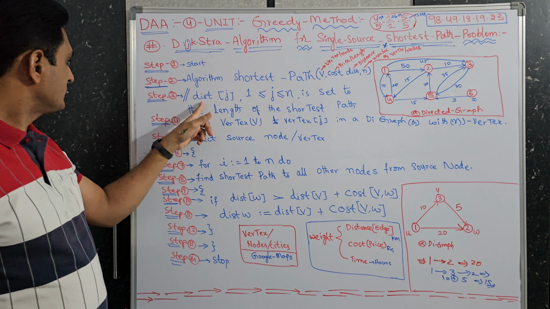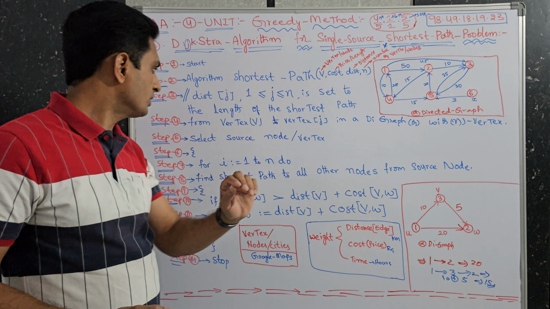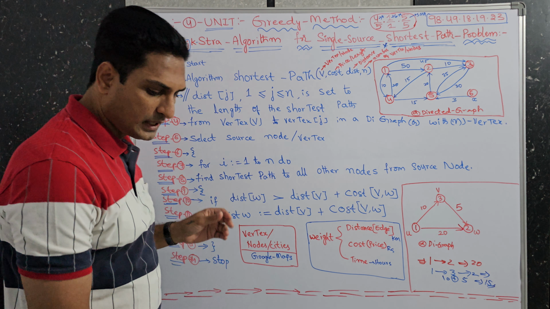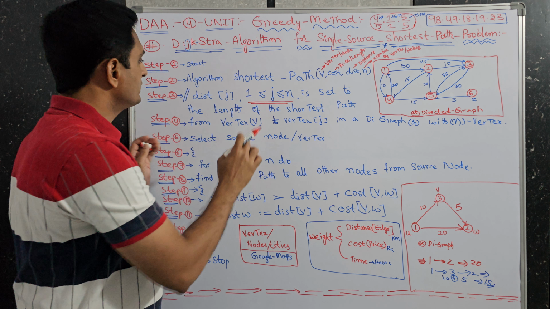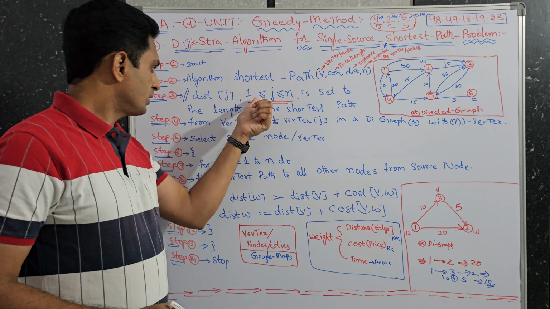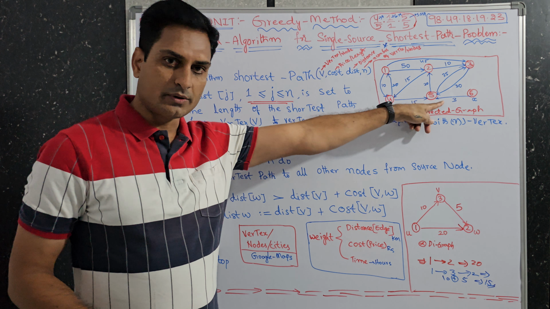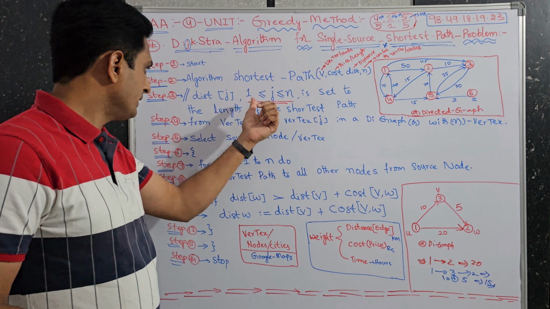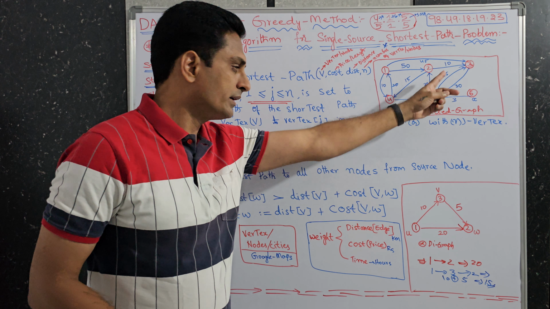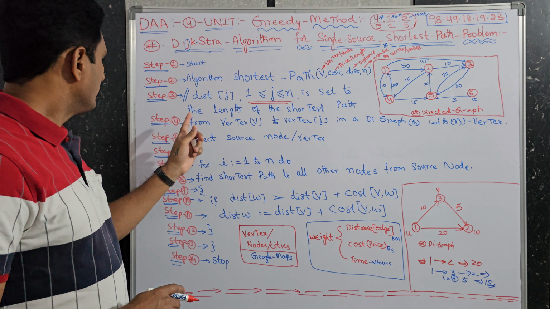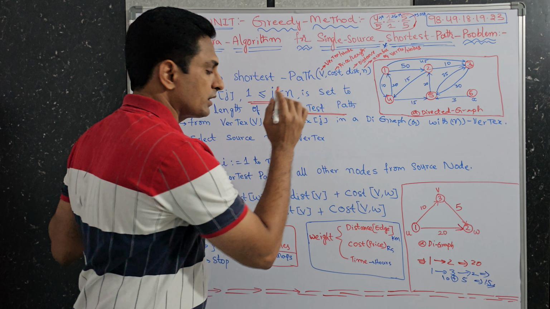Step 3, distance, these are comments. Distance j, where j is one more node that lies in between. j is greater than or equal to 1, that is the start, and n is the last vertex. The j lies between 1 and n, meaning 1 is this vertex, n is 6, and j is any vertex in between. We need to find the length of the shortest path, the shortest distance.